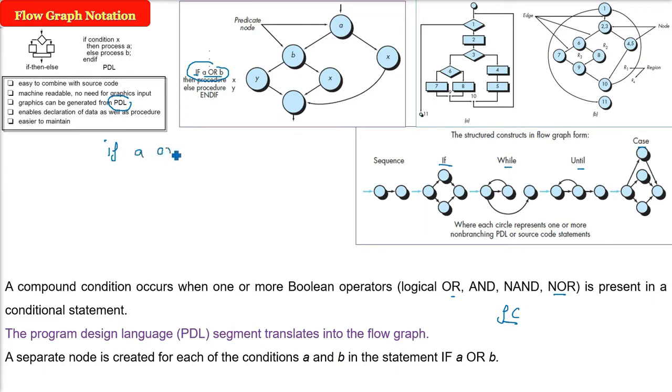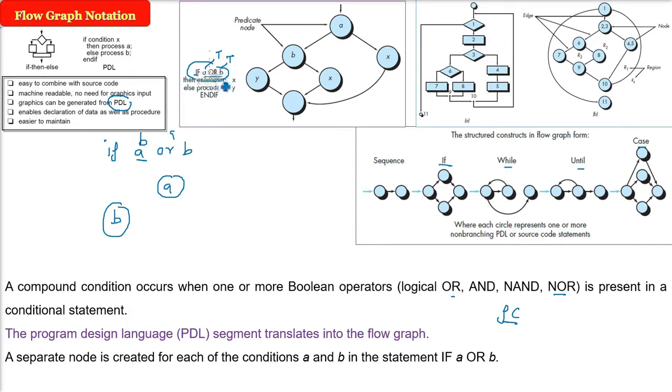And A or B will give you a result always true until A and B are false. So we'll start with A. If A or B, then procedure X. So if A is true, it will give you X, the next line, then procedure X. So we make a node. As I said, a separate node is created for each of the conditions A and B. Okay.